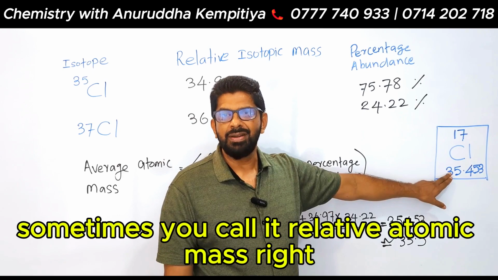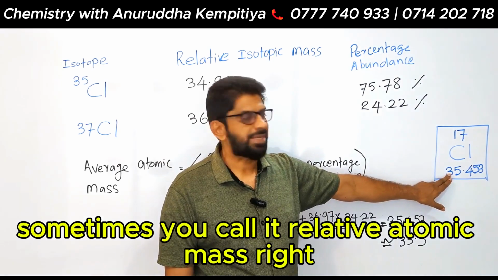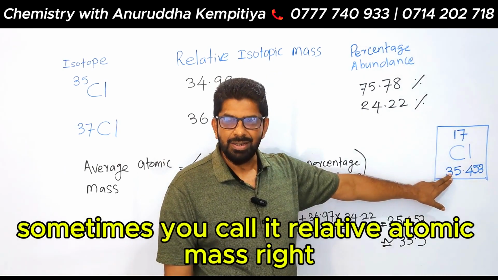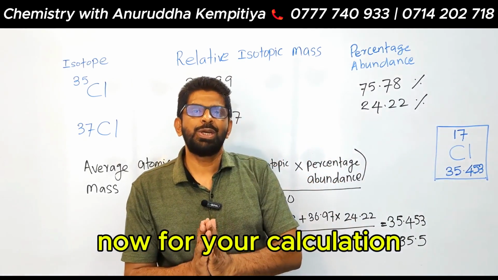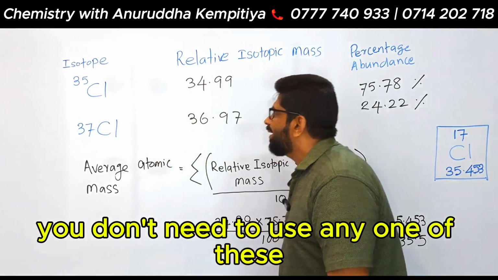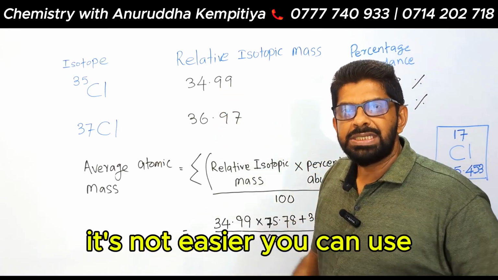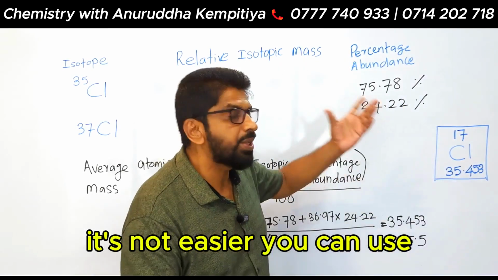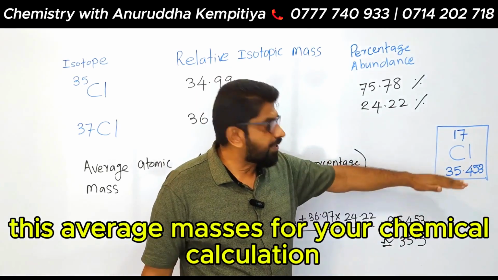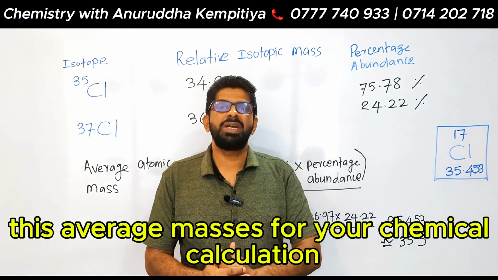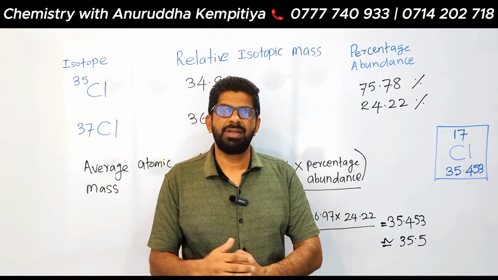Sometimes you call it relative atomic mass. Right. Now for your calculation, you don't need to use any one of these individual isotopic masses. It's not easier. You can use these average masses for your chemical calculation hereafter.